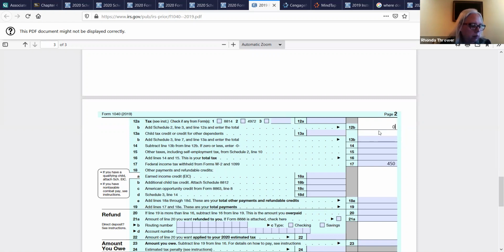And so we had 450 that was withheld from our gross earnings. So we're going to get a refund basically of 450. That's what they're trying to tell you there. But technically, you should follow the rest of this. They didn't have a child to take the child tax credit for a dependent.